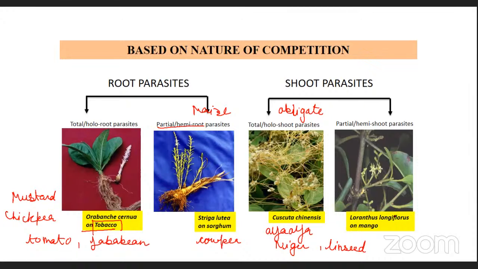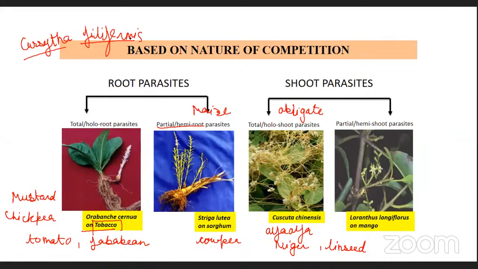Okay, then we are having this partial one, which usually attacks on the mango or other trees. And one example which I missed is Cassytha filiformis. Why have I mentioned it here? Because this is a parasite which does not come under the root parasite or the shoot parasite.